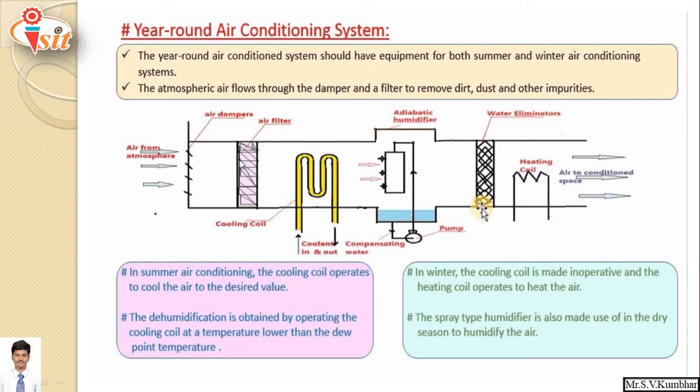When this air flows through this air filter, it directly flows through adiabatic dehumidifier, and after this water particles are eliminated, and after that water is heated with the help of heating coil, and that hot air is sent to air conditioned space. The spray type humidifier is also made to use the dry season to humidify the air.